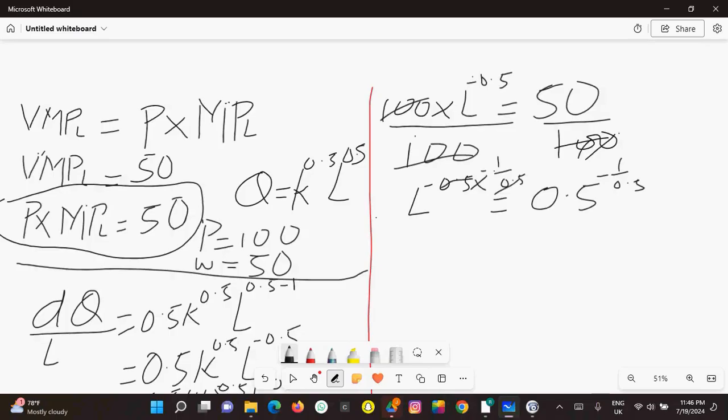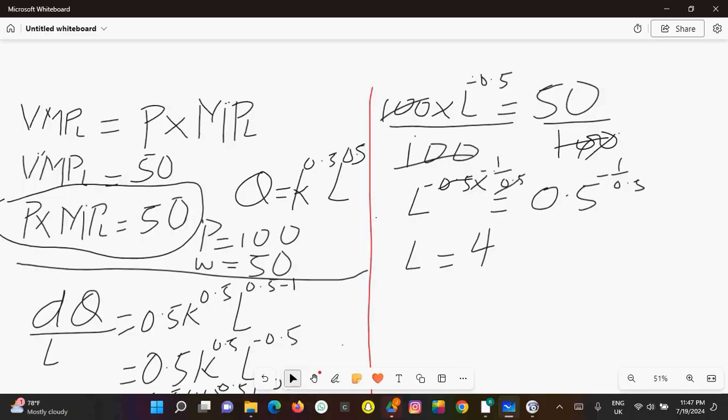So this will cancel this, and then this negative multiplied by negative, now we are going to get L is equal to 4. You can put this in your calculator and then you will see L is equal to 4. So now the profit maximizing level of labor is 4 labors, right? Or 4 units of labor.